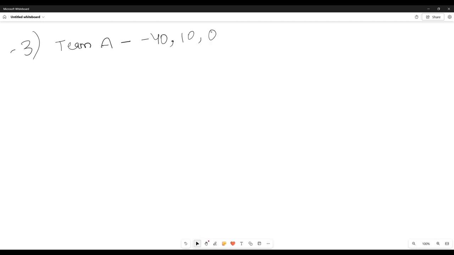These three are the scores for team A. Team B scored 10, 0, minus 40. These three are the scores of team B in three successive rounds: first round, second round and third round. Which team scored more? We have to find which team scored more. Again, one question: can we say that we can add integers in any order?